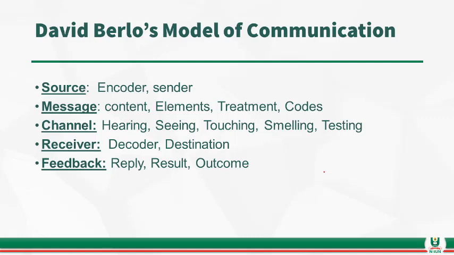So we have the channel. The channel involves hearing, seeing, touching, smelling, and tasting. The receiver is the audience in the classroom, which is the student. They are also referred to as the decoder and the destination. And the feedback is the reply, the result, and the outcome of the lesson content.